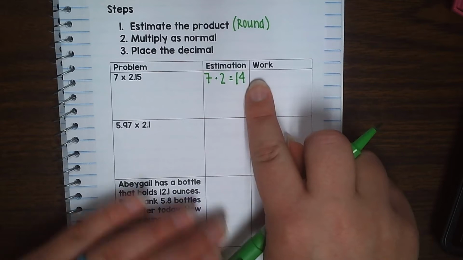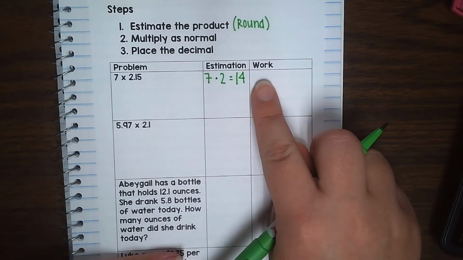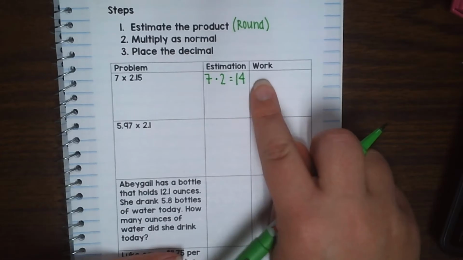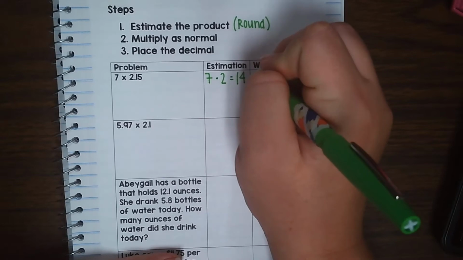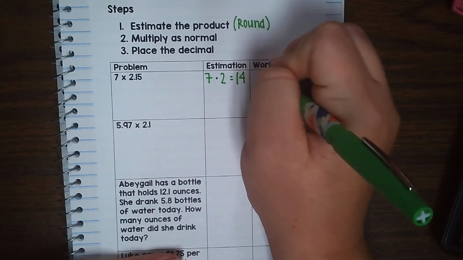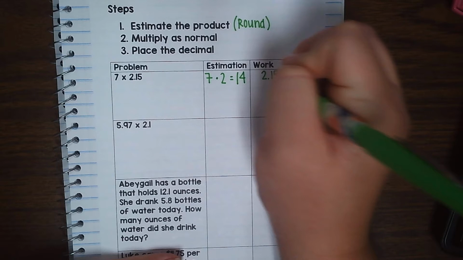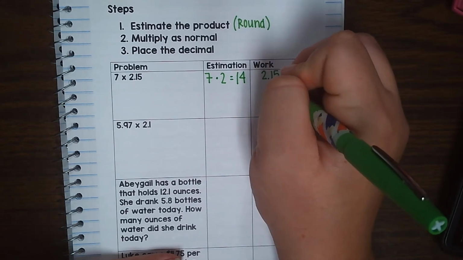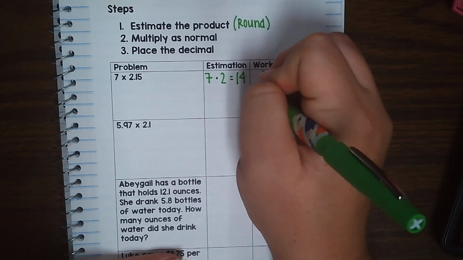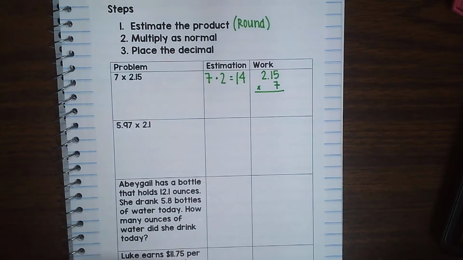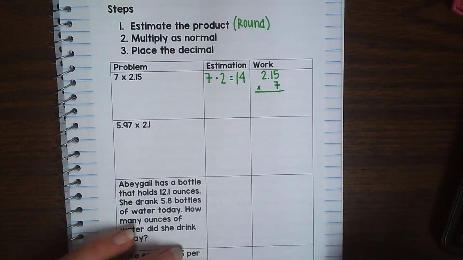So let's work it out. You want to put your number with the most digits on top. So for us, this time it is 2 and 15/100ths and 7. And we're setting it up just like a normal multiplication problem.